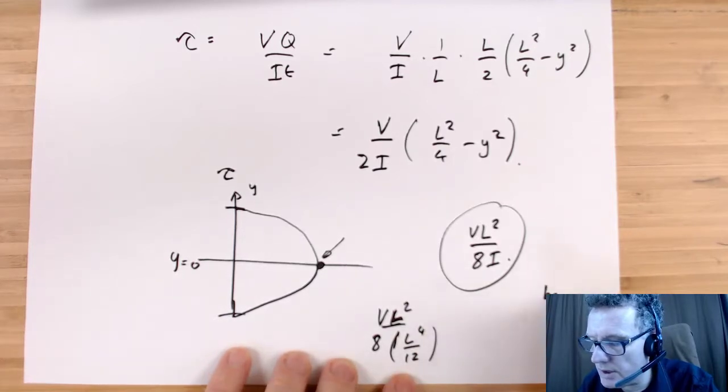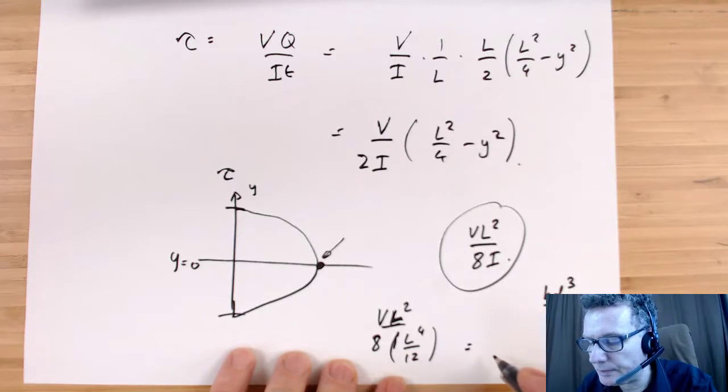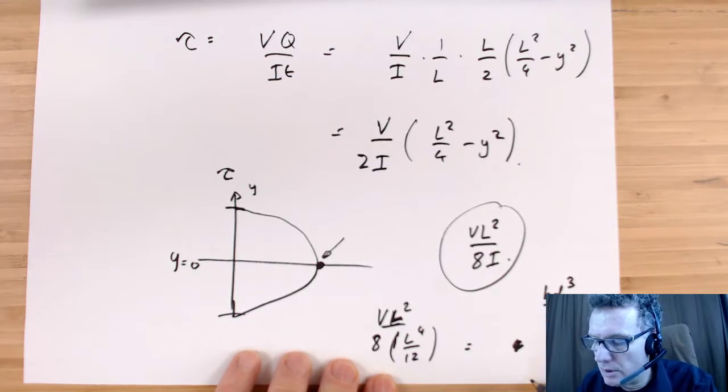I'm using b d to the power 3 over 12, so b equals d equals L. So this becomes 12 over 8, which gives me 3 over 2.